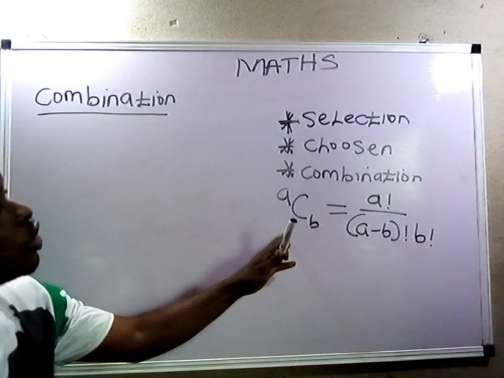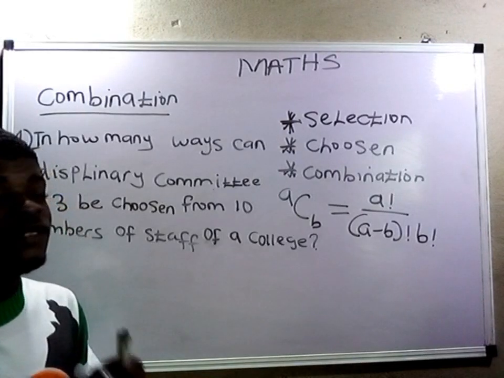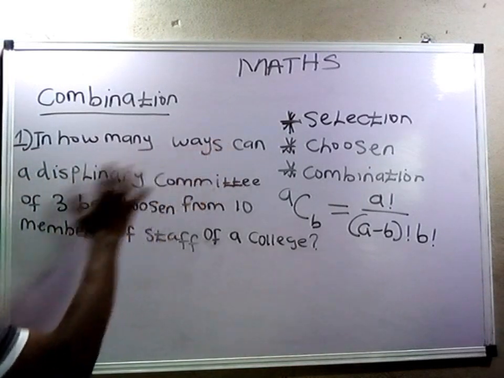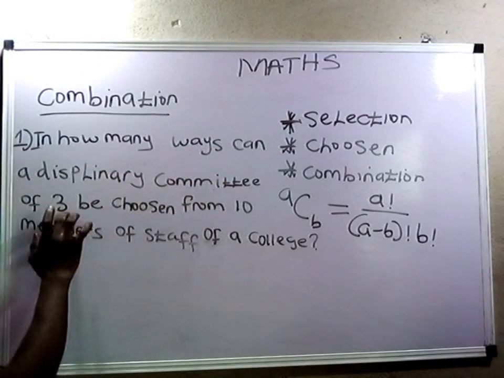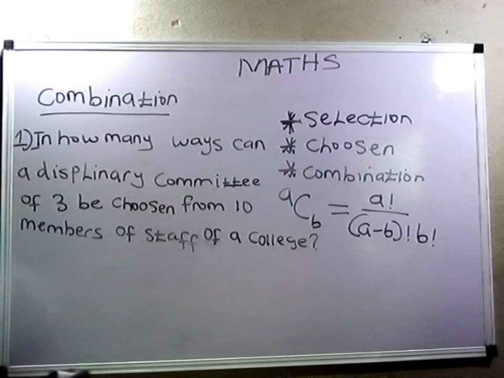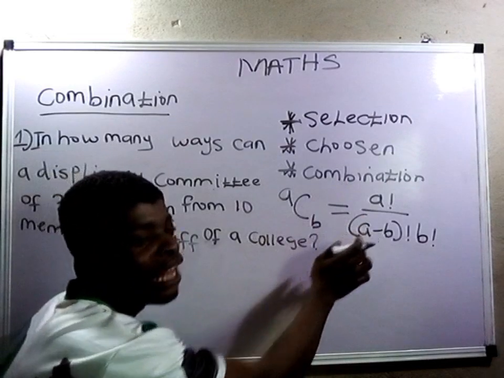So let's take a question on this topic. We are given: in how many ways can a disciplinary committee of three be chosen from 10 members of staff of a college? Look at the word choosing. That means we have to apply the combination formula.